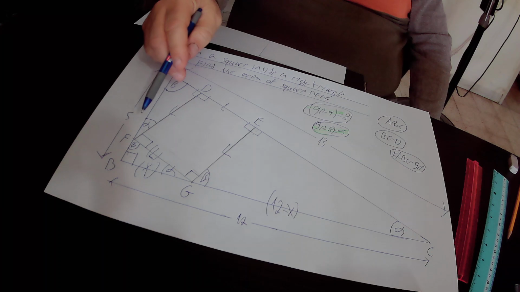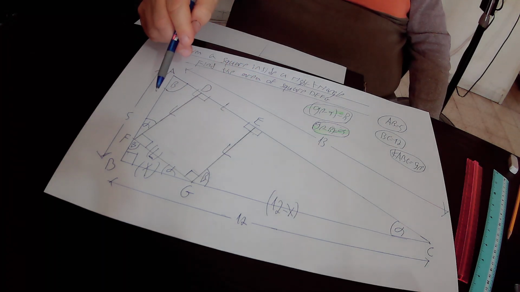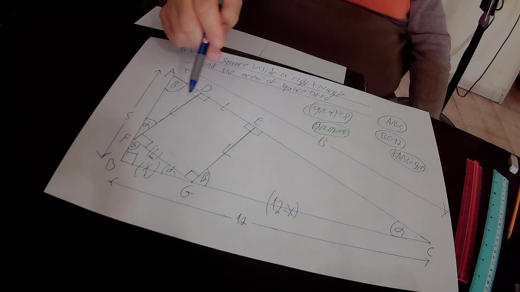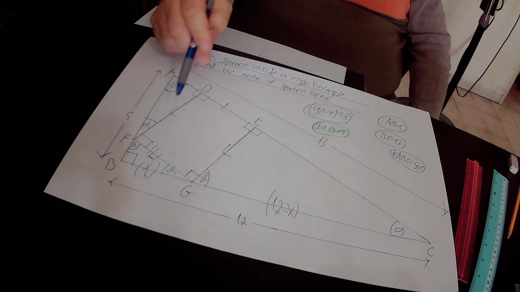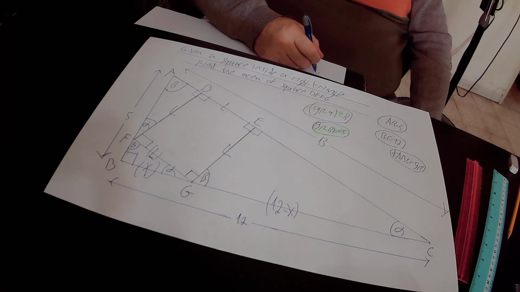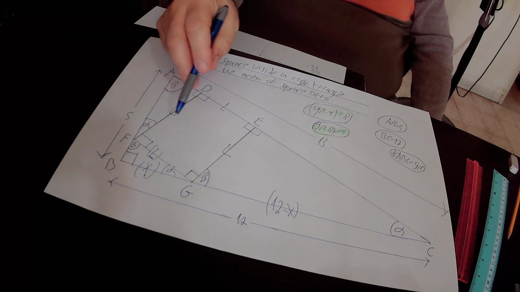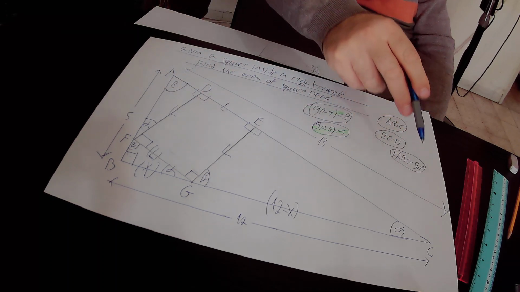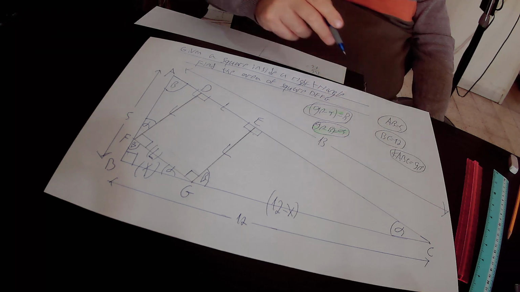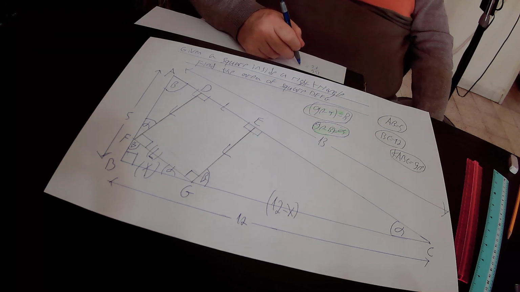We will derive that BG over FG in the small right triangle FBG equals BC over AC in the right triangle ABC.